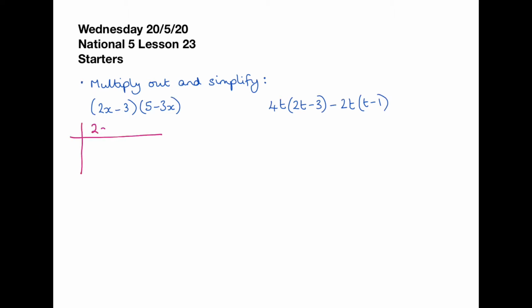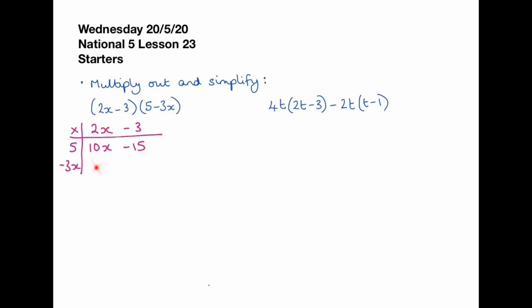So we need 2x minus 3 across the top, 5 minus 3x down the side, and remember it's a multiplication table. So what goes here is 2x times 5, so that's 10x. What goes here is negative 3 times 5, or 5 times negative 3, so that's negative 15.